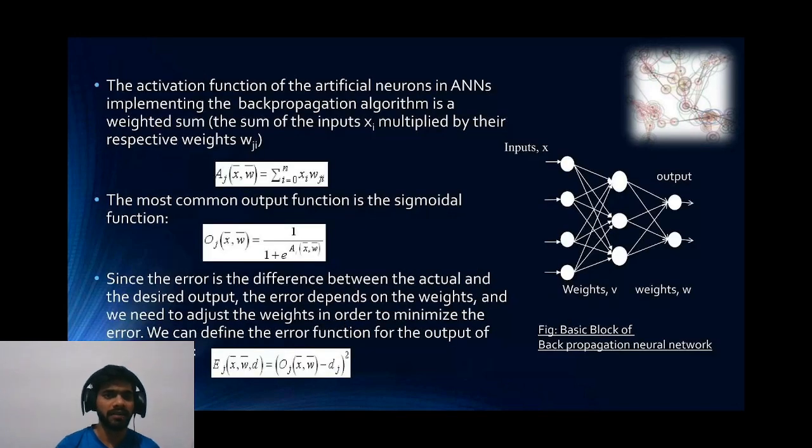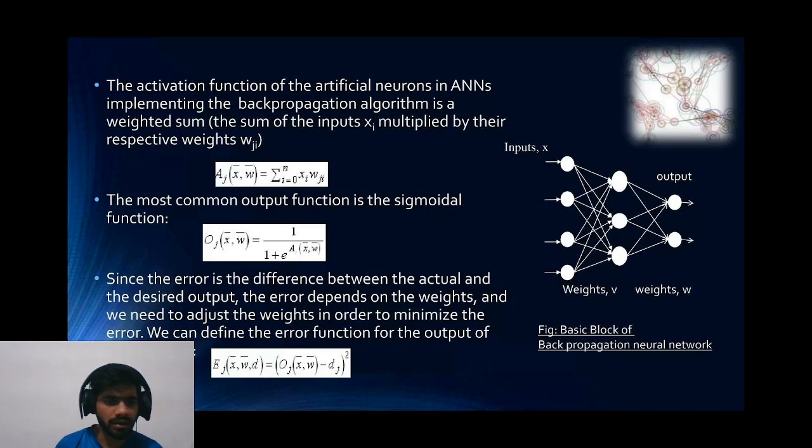Now, the activation function of the artificial neurons in NNs implementing the backpropagation algorithm is a weighted sum, that is the sum of the inputs xi multiplied by their respective weights wji, as you can see in this page. The most common output function is the sigmoidal function, as you can see here.